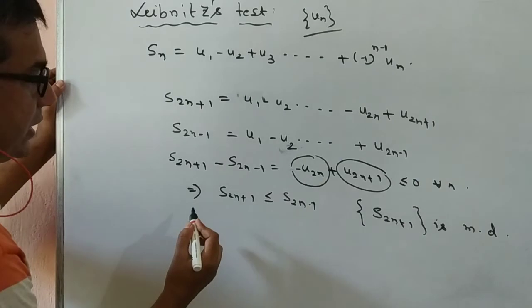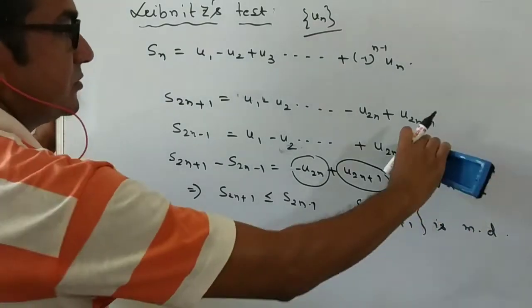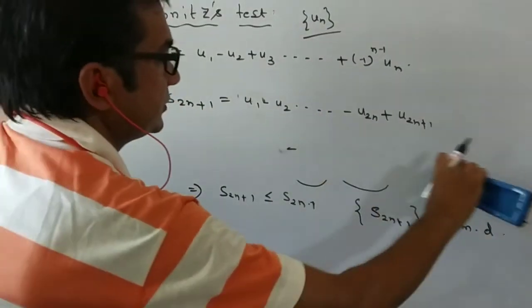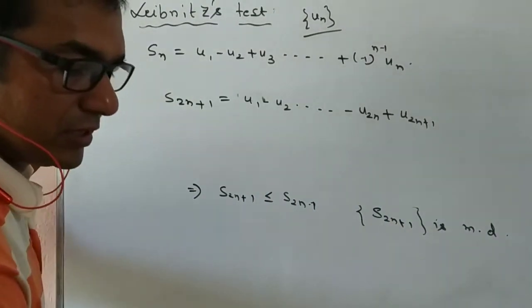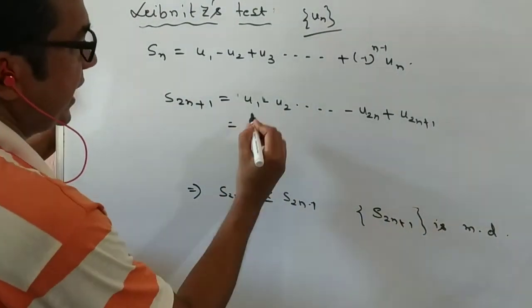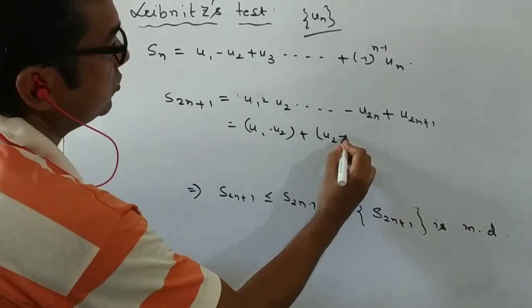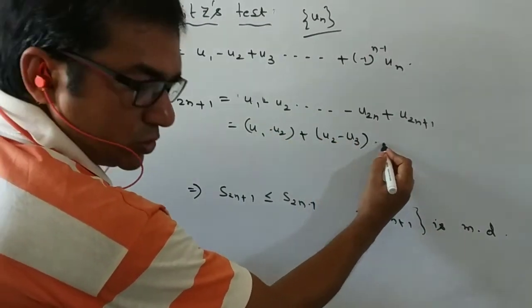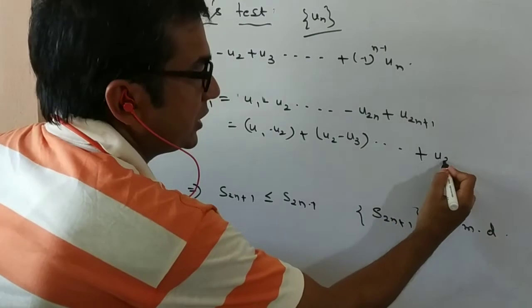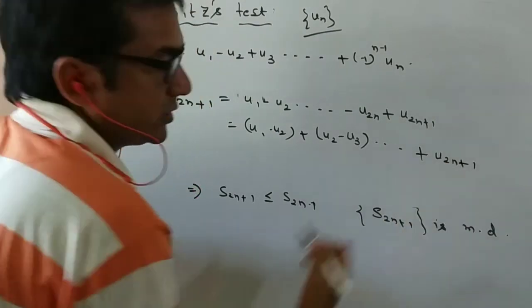Also, from this relation, we can write this as u1 - u2 plus u2 - u3 to u2n+1.